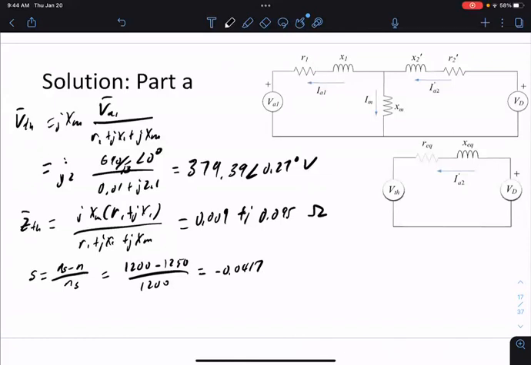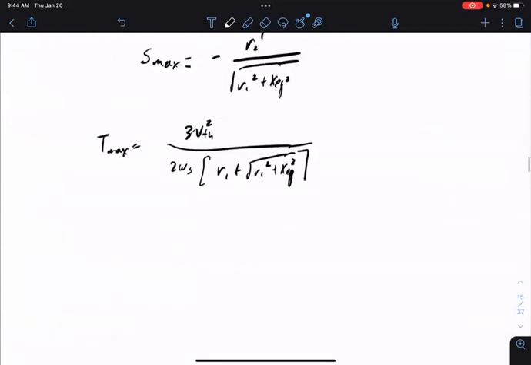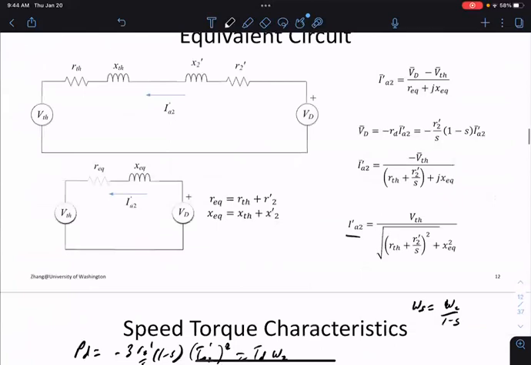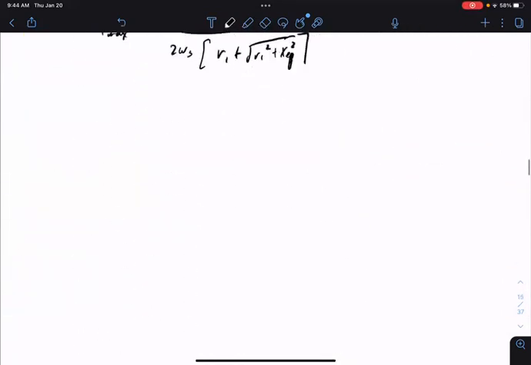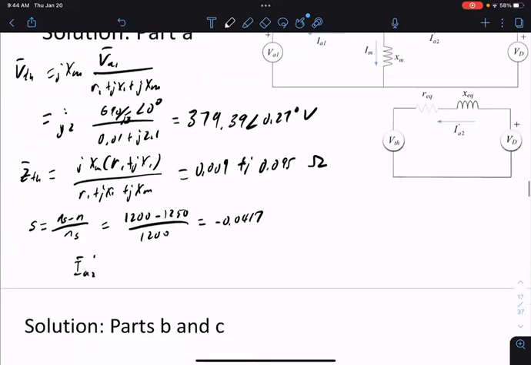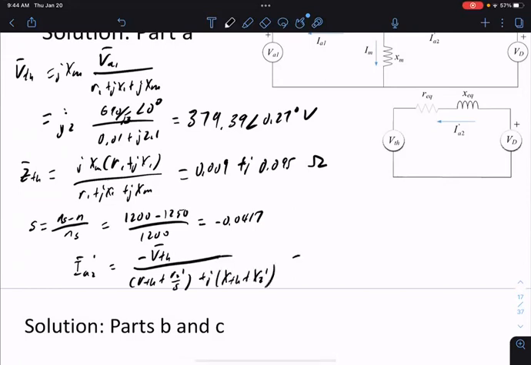Then we look at our IA equation. We have this equation here, just apply it. Applying the equation, this becomes minus VTH over (RTH plus R2 prime over S) plus j(XTH plus X2 prime).